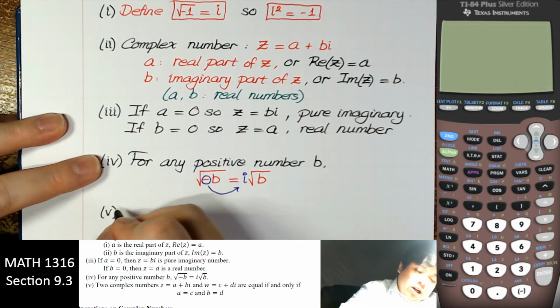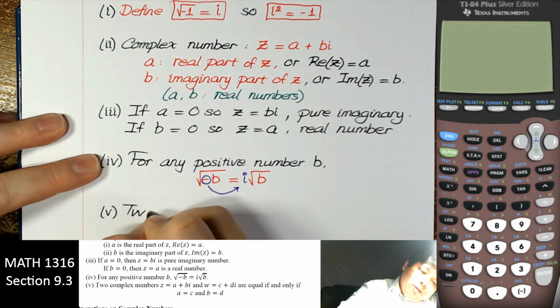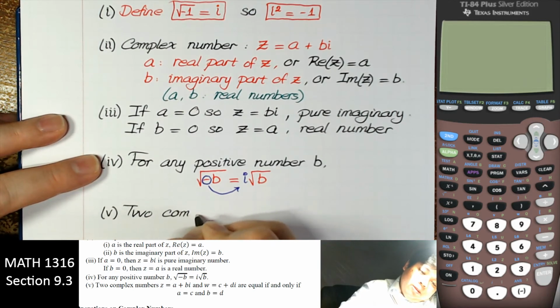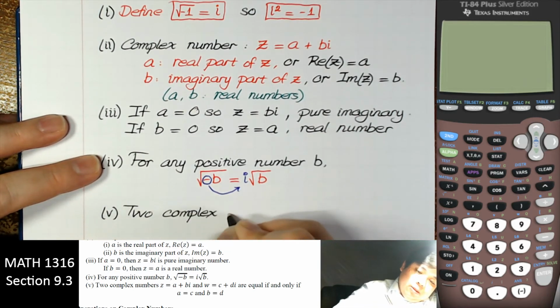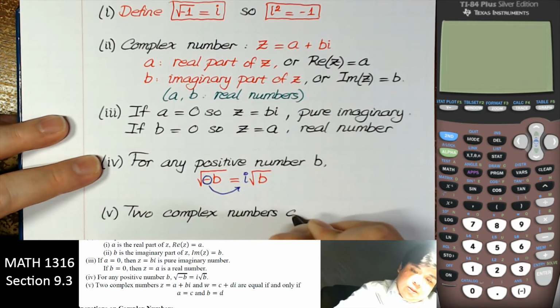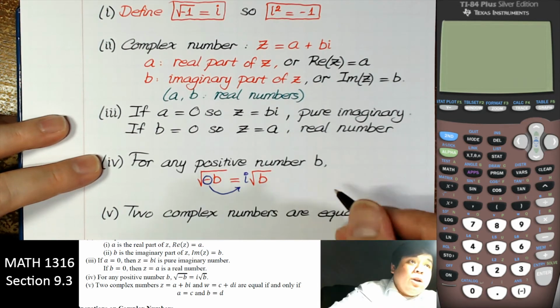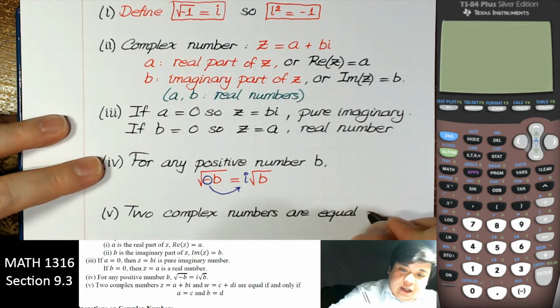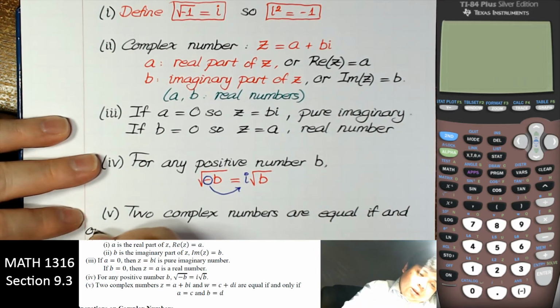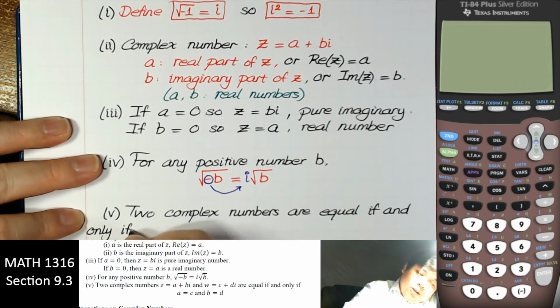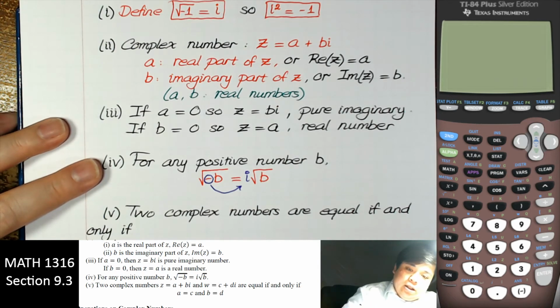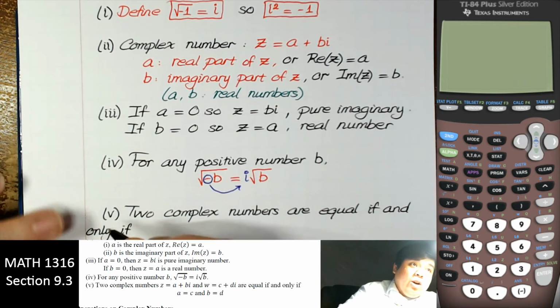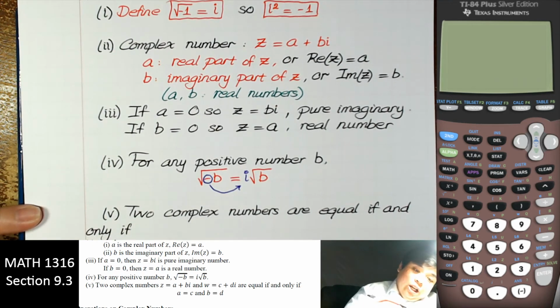Two complex numbers are equal if and only if the real parts are equal and the imaginary parts are equal.